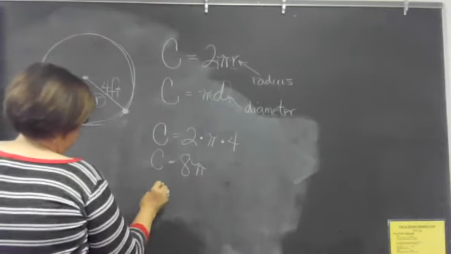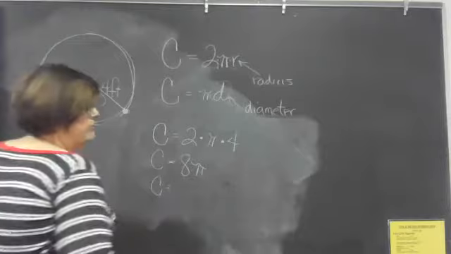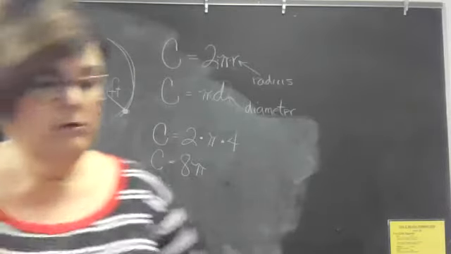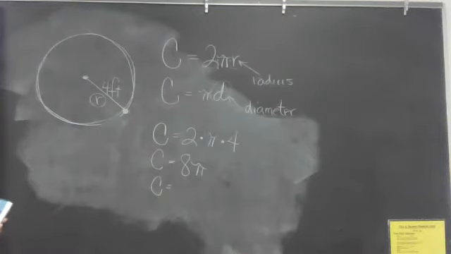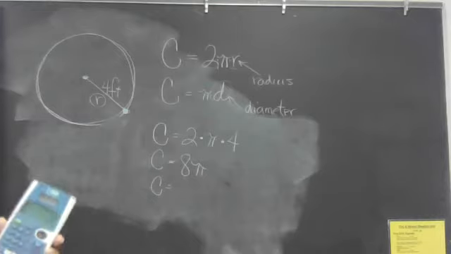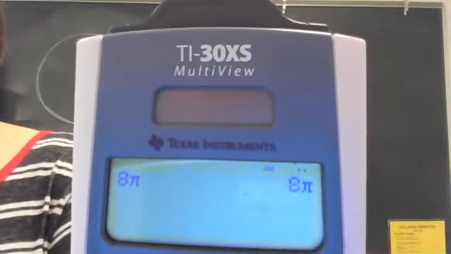But what if it's not? Then I want you to use your calculator and find out what the answer is for 8 pi. And you just push the 8 button and the pi button and press enter. When you do, this is what it gives me, and that's no help.